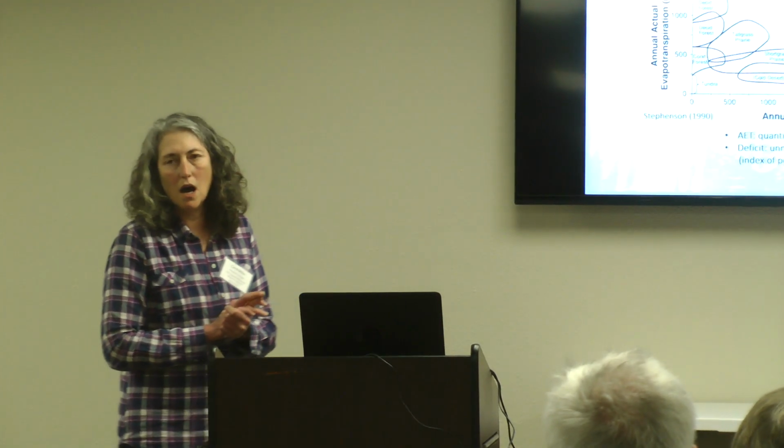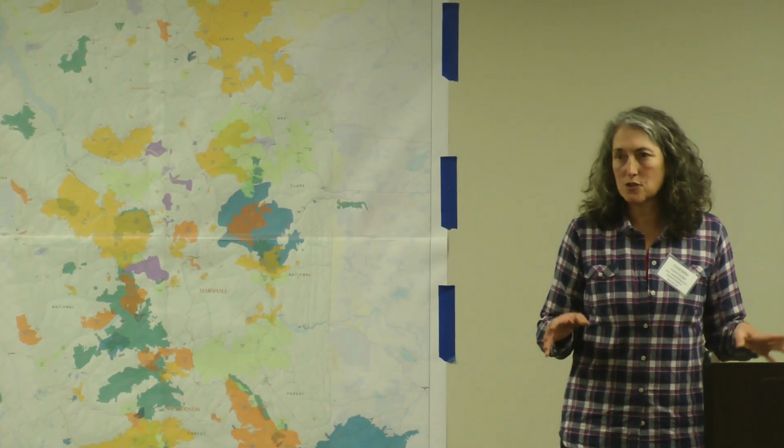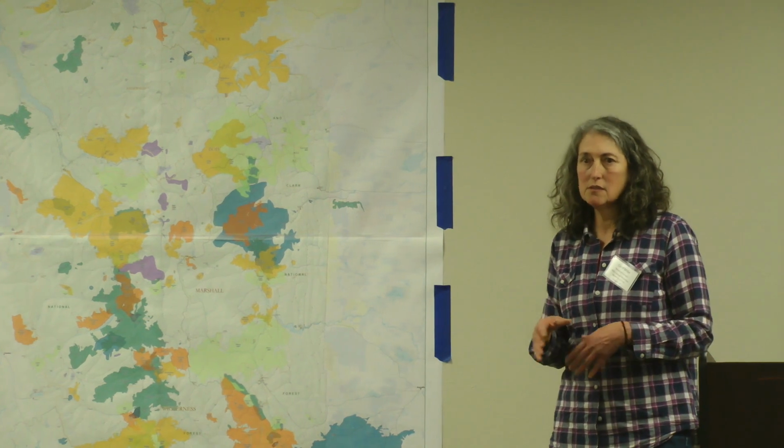The work comes from essentially the idea that climate is the most influential, what we call top-down driver that determines vegetation distributions. A lot of other things determine vegetation distributions, like interspecies competition and soil.